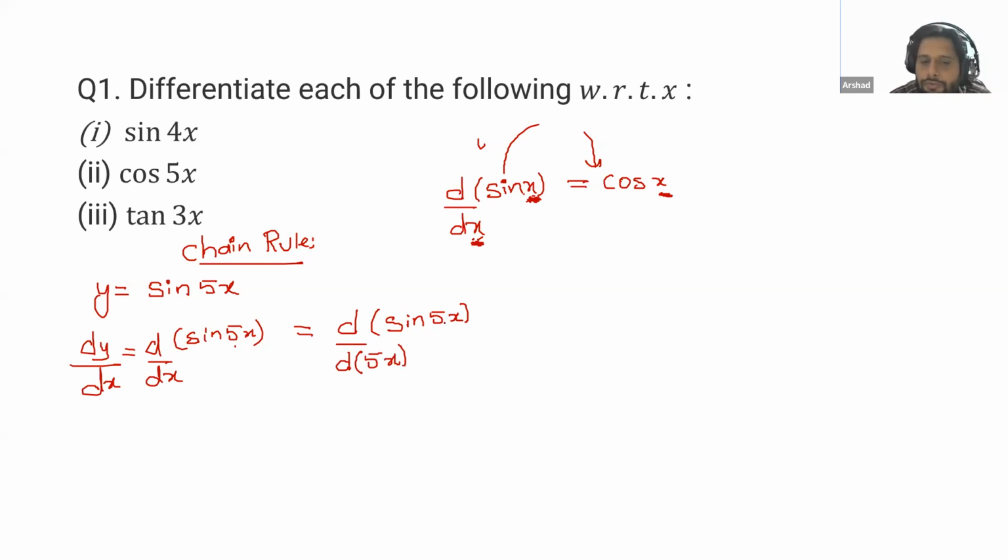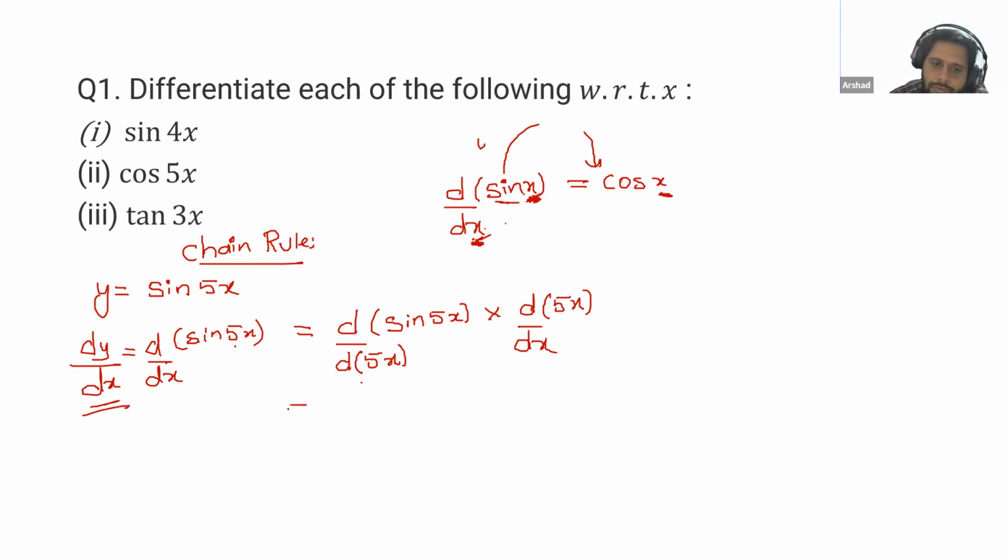Here we have 5x, so we differentiate the sine with respect to 5x. But finally, we need to differentiate with respect to x, so we differentiate this part again. 5x can be differentiated easily with respect to x. That's not an issue.